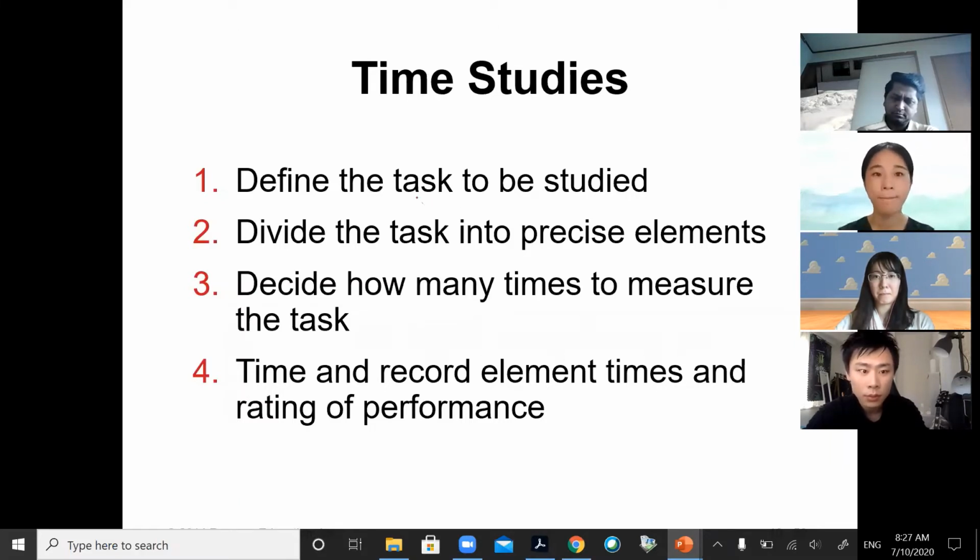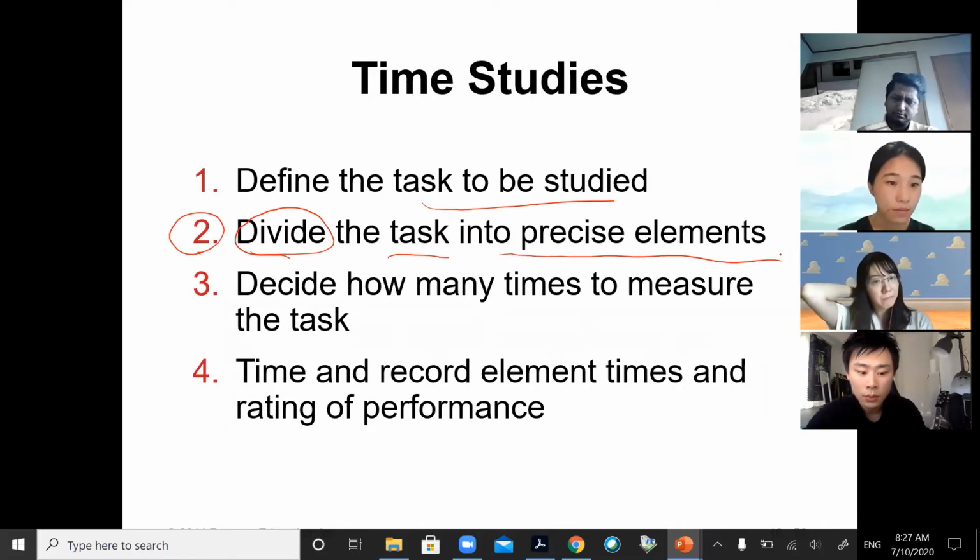Because it goes into the second step, which is to divide the task into elements. From the big task, for example, the first element is switch on the computer. 10 seconds, 5 seconds, you take the time.